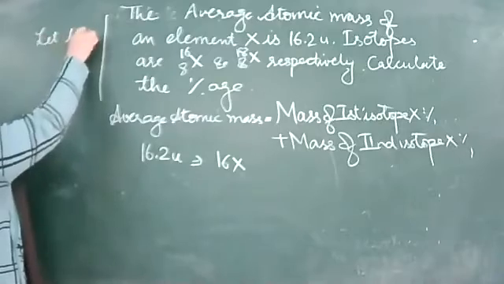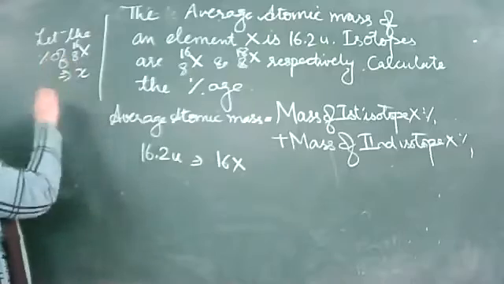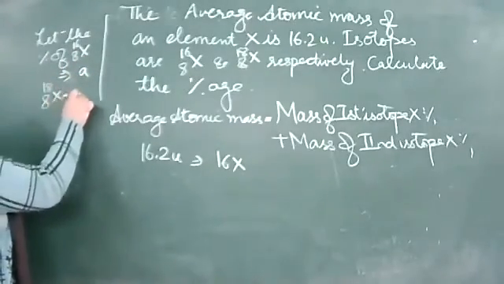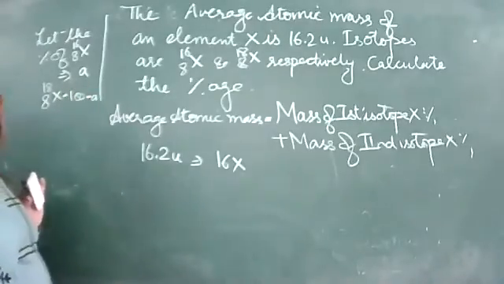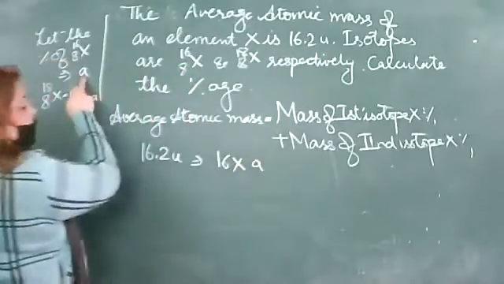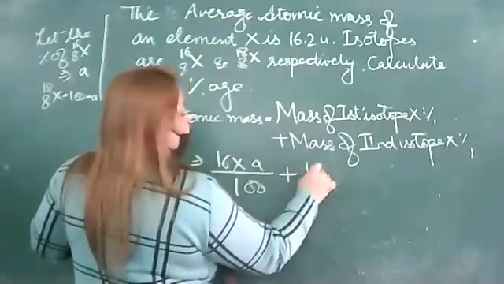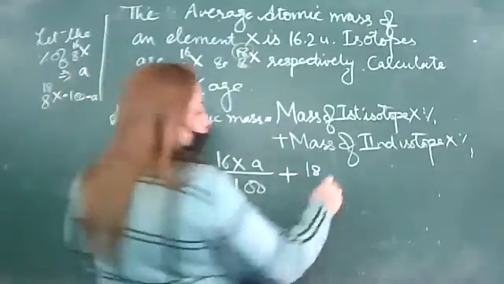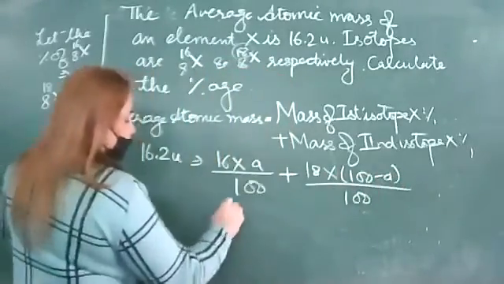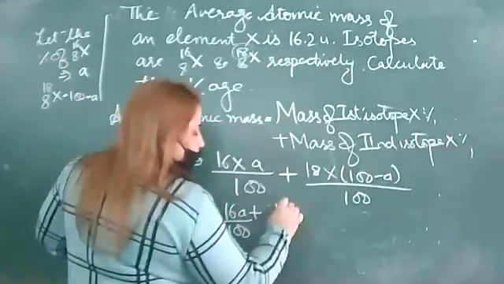Let the percentage of 8X16 be A, so 8X18 is 100 minus A. Now isotope 16 percentage we considered as A divided by 100, plus mass of second isotope 18 multiplied by 100 minus A divided by 100. It will become 16A over 100 plus 18.